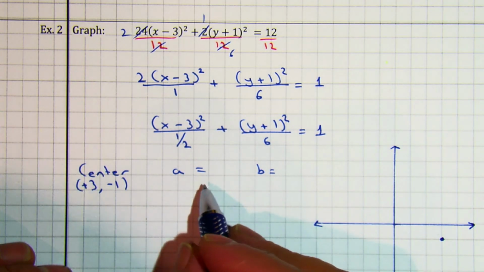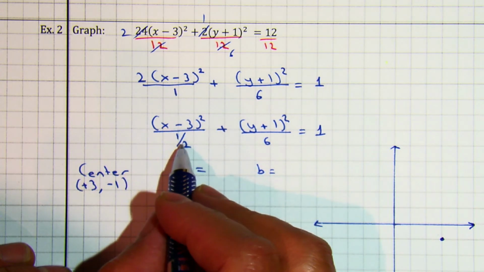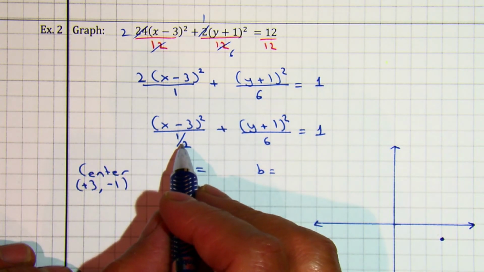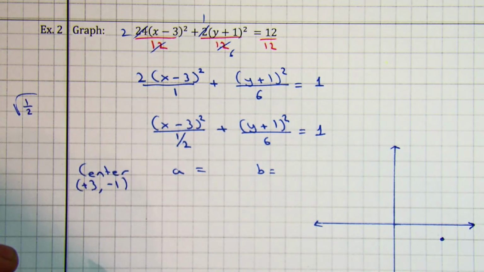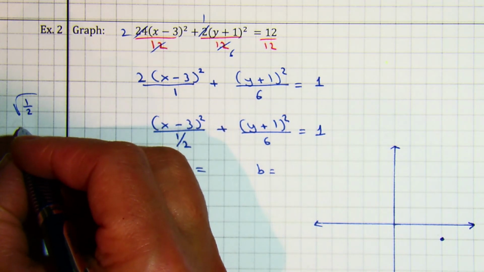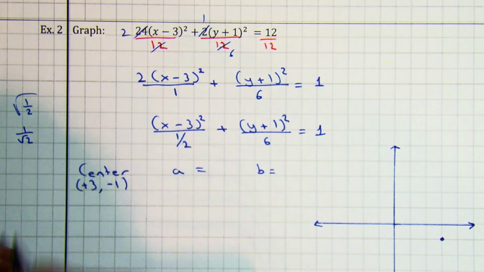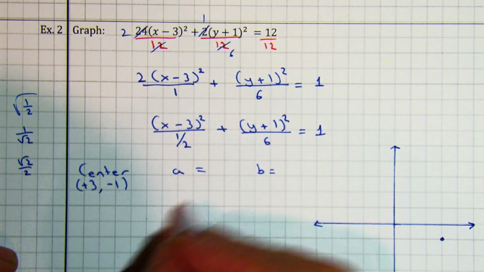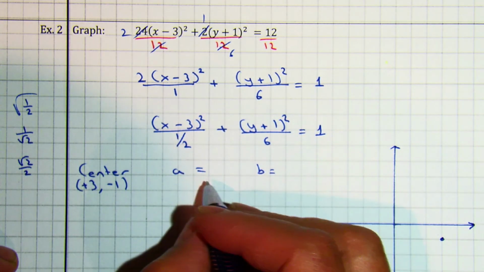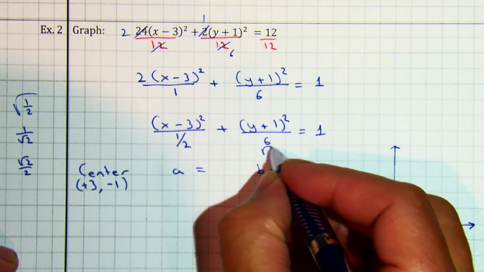Now under my x, there's a 1/2. What's the square root of 1/2? 1 over 2, take the square root. That'll be square root of 1, which is 1 over the square root of 2, which will be square root of 2 over 2. And this will be the square root of 6.